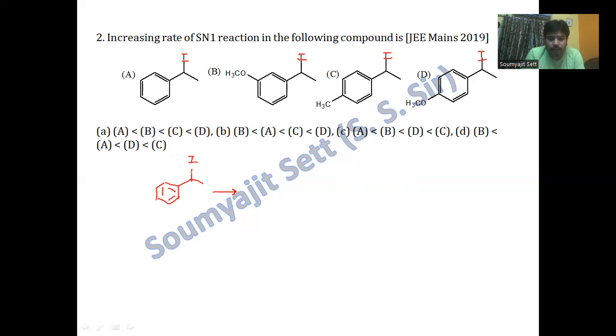Now, when the carbocation is formed, this I will be removed and we will get this molecule. This is the carbocation. Now, this carbocation will be stabilized by the groups present in the benzene ring or aromatic ring. Now, which groups are present and at which position, that is important.